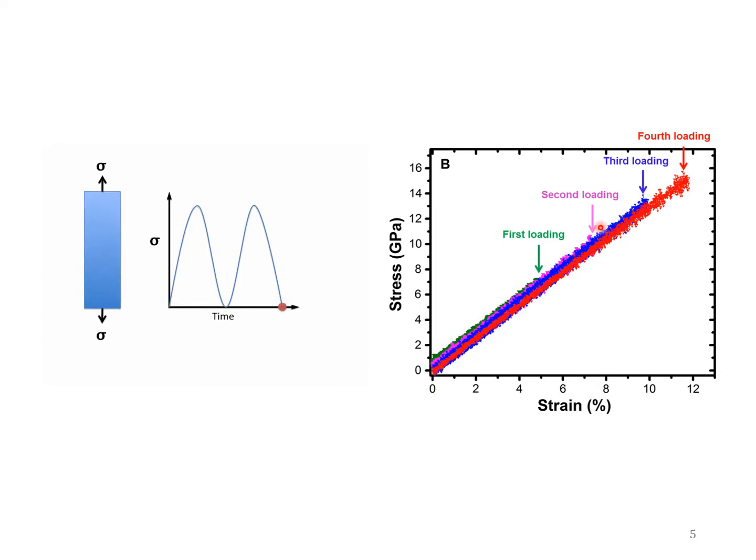We increase the load, loading again, unloading comes to original position, loading, unloading, increase the loading. During the loading step we have a strain and then we remove it, it comes to original position. So this was an example of elastic loading and unloading within the elastic region.